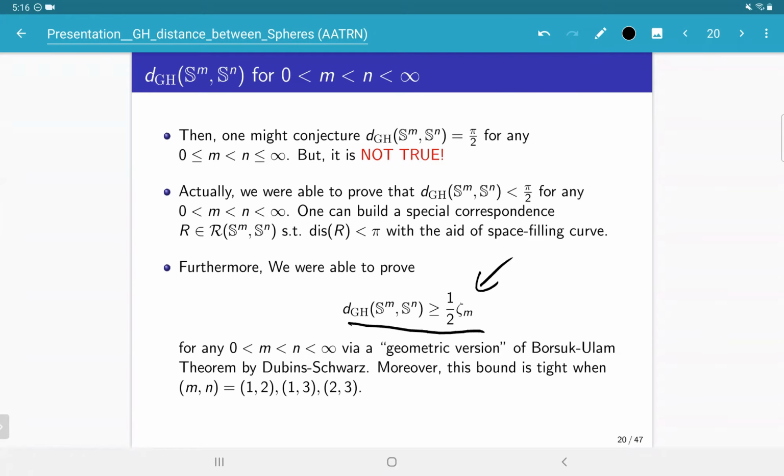And the proof is done by a certain geometric version of the Borsuk-Ulam theorem, originally proved by Dubins and Schwarz. Moreover, we were able to prove that equality actually holds in some cases. More precisely, when (m, n) is (1,2), (1,3), and (2,3), we were able to show that equality holds. Good?